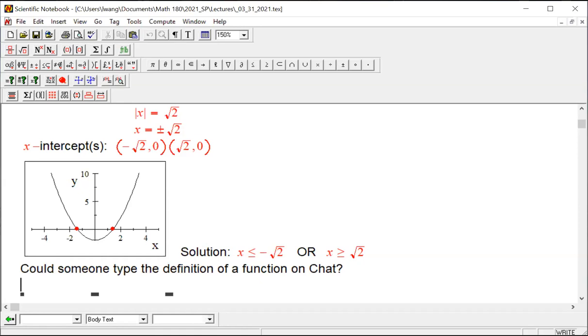Type the definition of a function in chat. Come on, guys. I hope this definition is running in your blood.